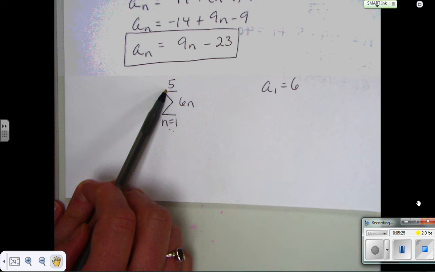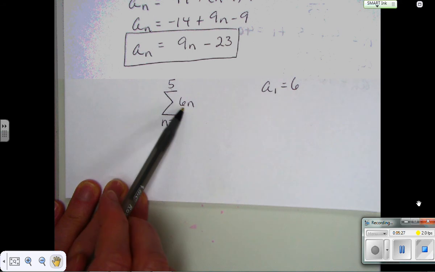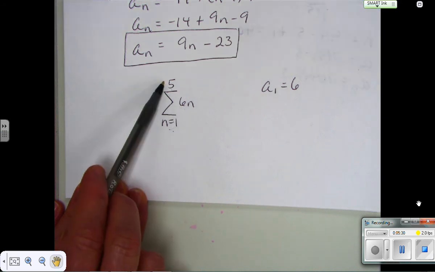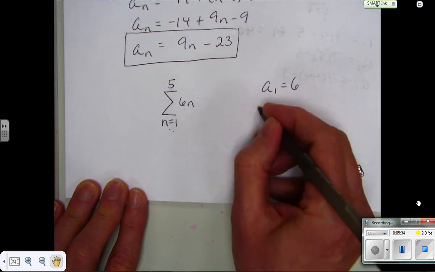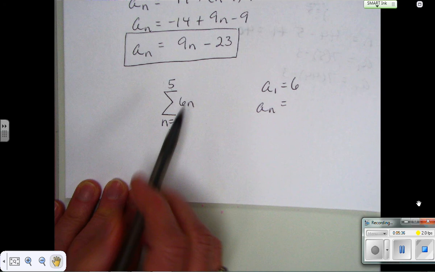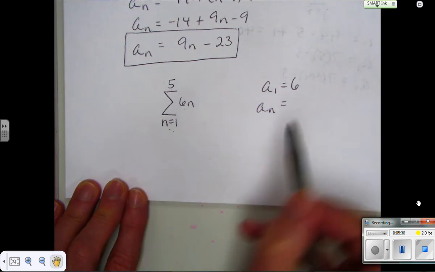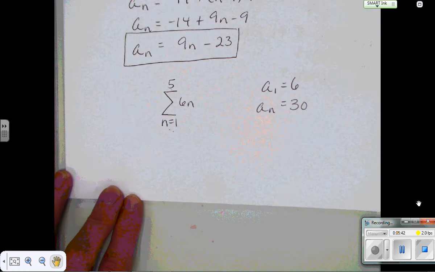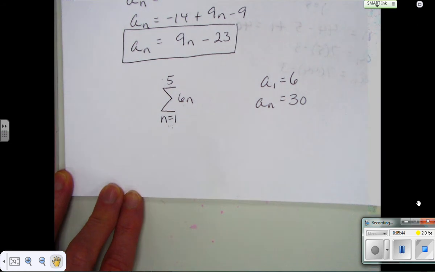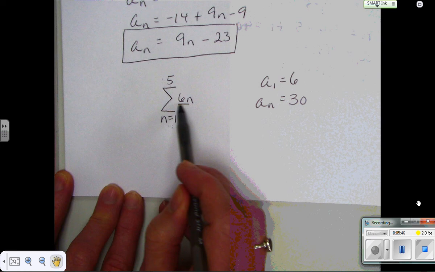So I'm going to find the sum of all the terms in this series from the first one to the fifth one, is what that's saying. So to get your a sub n, I'm going to take this top number and substitute it in. So a sub n is going to be 30. Okay, and then this is just your function out here, right?